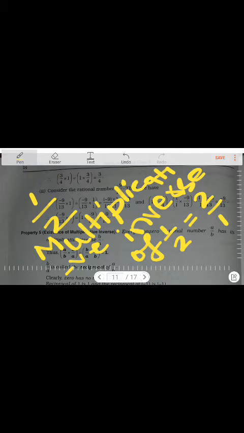This is what happens. If it is a by b, then it becomes b by a, and in place of a and b, if it is 1 and 2, then it becomes 2 by 1.